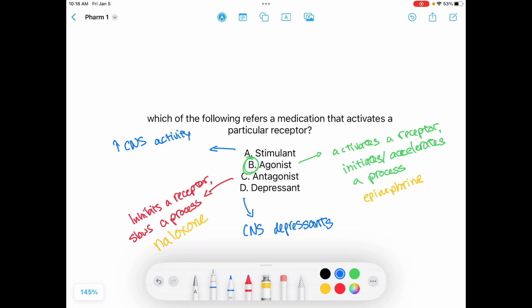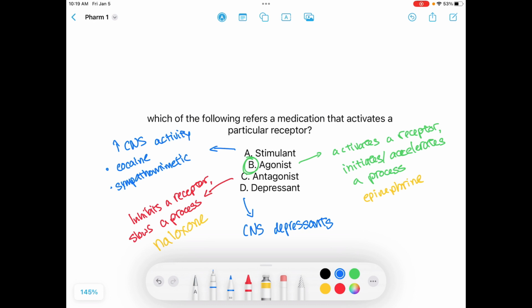So for example, cocaine is a stimulant. It has a lot of sympathomimetic properties. So medications that activate the sympathetic nervous system, things that have sympathomimetic properties to them, we tend to think of as being very stimulatory, like epinephrine.